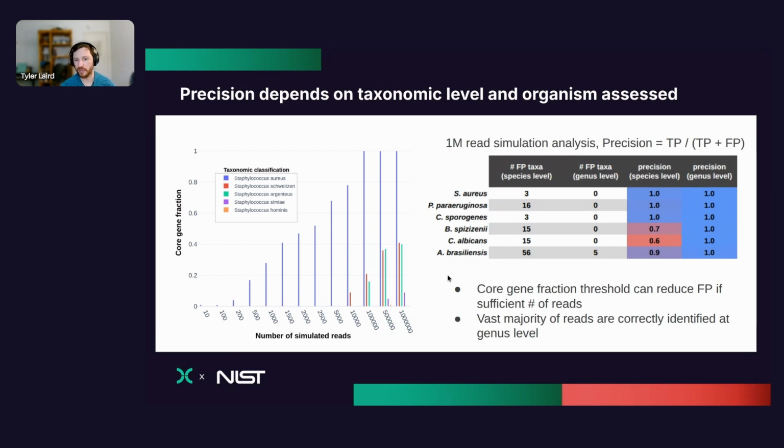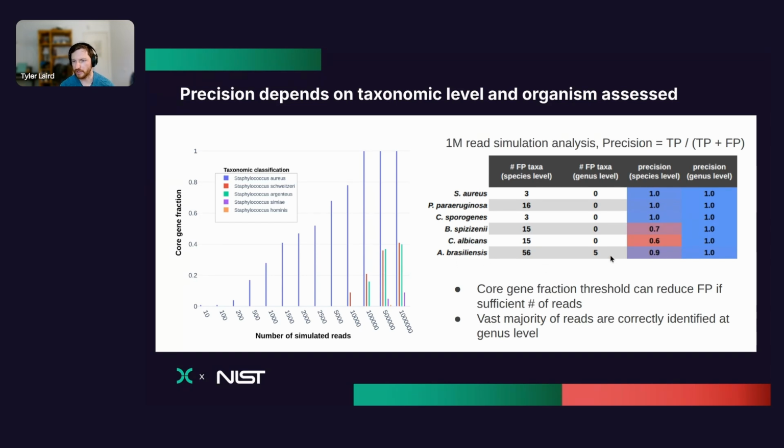One thing to note is that these can be reduced if there's a core gene fraction threshold implemented, but that really necessitates that you have a sufficient number of reads to classify. For instance, if you set it at 0.4, you can cut off most of these false positives from being detected. However, you would need to have at least 1,500 or more true positive reads in order to implement that.